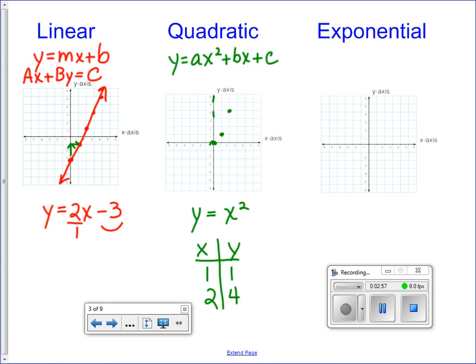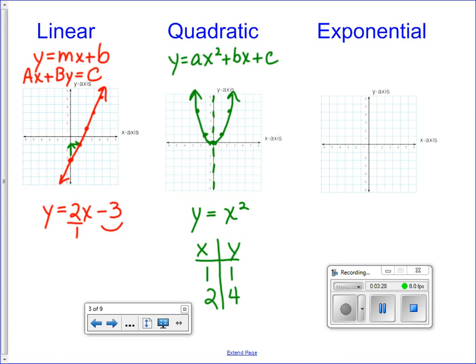And because we have an axis of symmetry in quadratic functions, we can also graph the same points. 1, 1 reflected across the y-axis would be the point negative 1, 1. And the point 2, 4 reflected across the y-axis would be negative 2, 4. So our graph appears something like this.